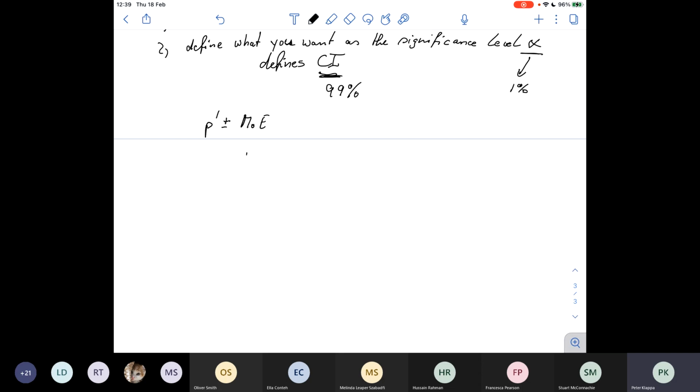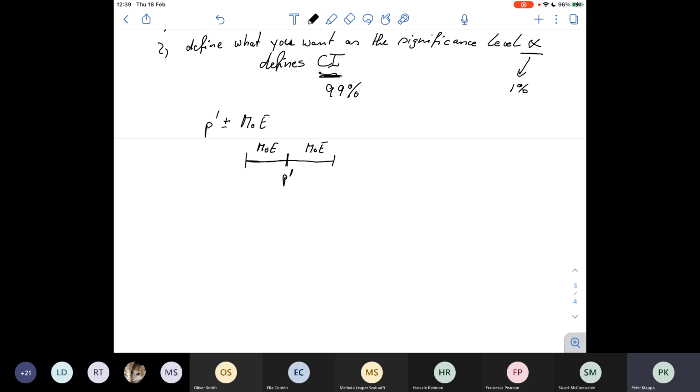So if we look at it, our p prime is in the middle, and here is one margin of error downwards and one margin of error upwards.